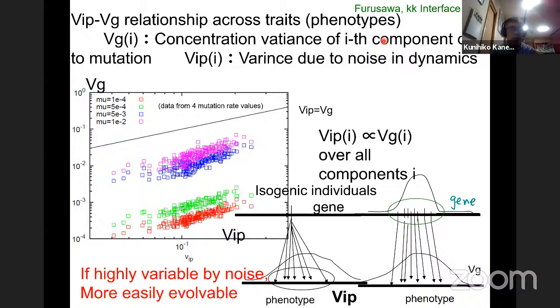So we can define VG_i as the concentration variance due to genetic change, and VIP_i as the isogenic variance due to noise.